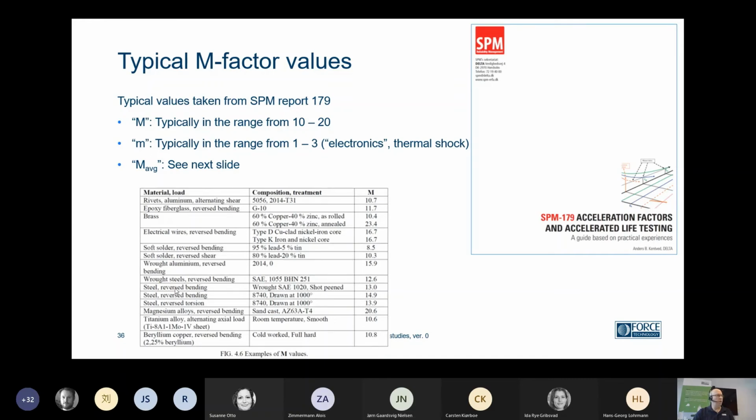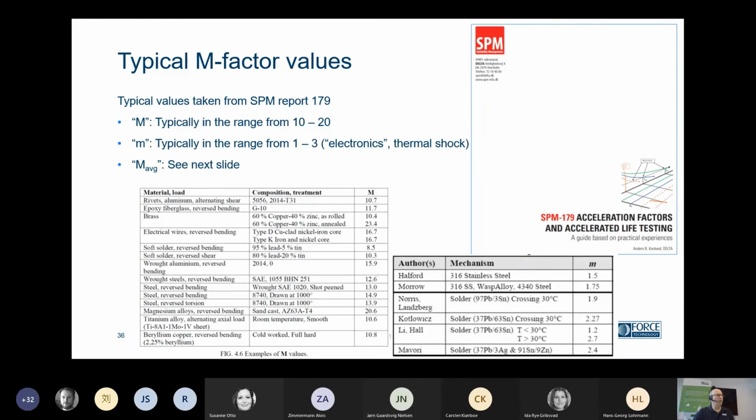Here you can see different materials like steel, brass or fiberglass, with M values in the range from 10 to 20, sometimes a little lower and sometimes a little higher. For the little m, here is a list from electronics, where the stress is thermal shock. You can see, for instance, for different solder points, what the M factor is, and it's typically in the range from 1 to 3.